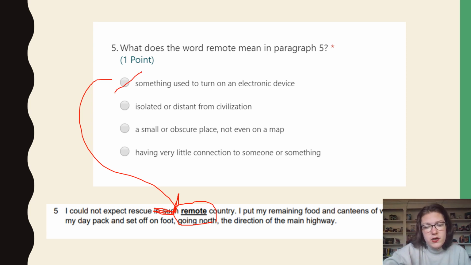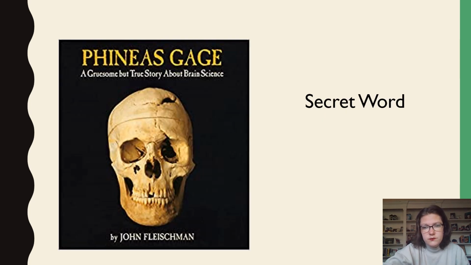I could not expect rescue in such isolated or distant from civilization country. I could not expect rescue in such a small or obscure place, not even on a map. Country. I could not expect rescue in such having very little connection to someone or something country. So which answer choice do you think best matches the word remote in this sentence?